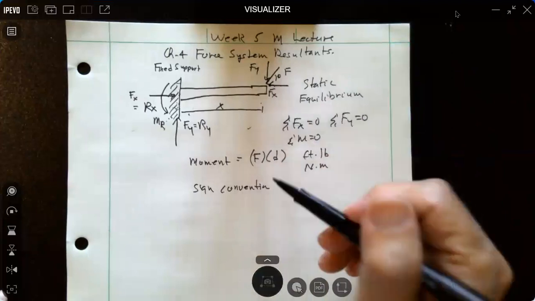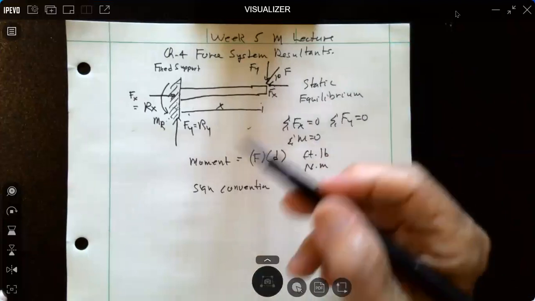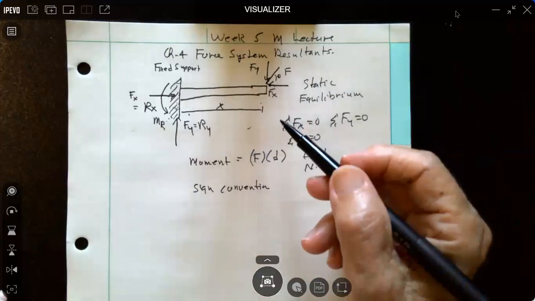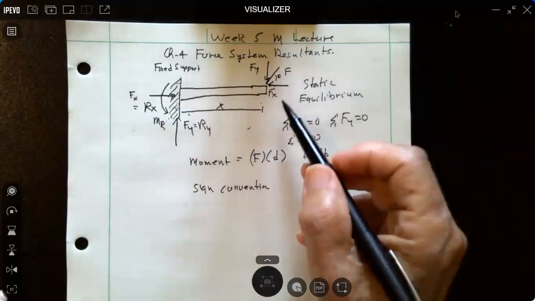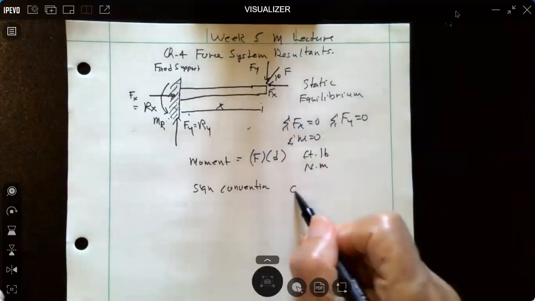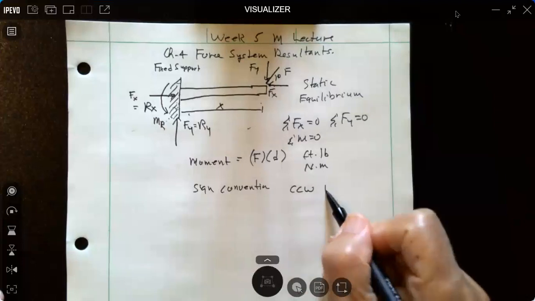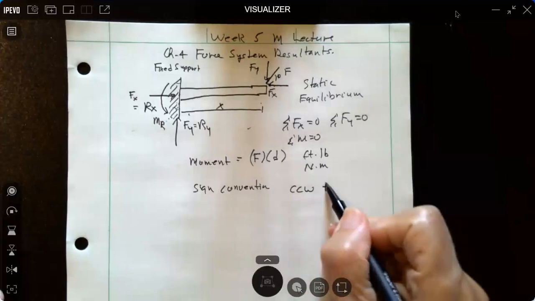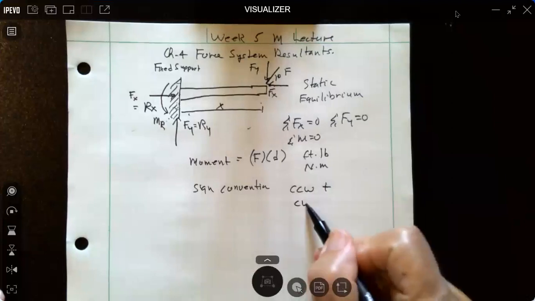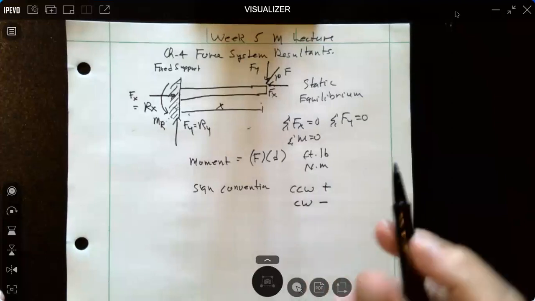We need to be able to add moments also. To get summation of moments, we have multiple moments created in a system. So the convention is counterclockwise moment is considered positive. A clockwise moment is considered negative.